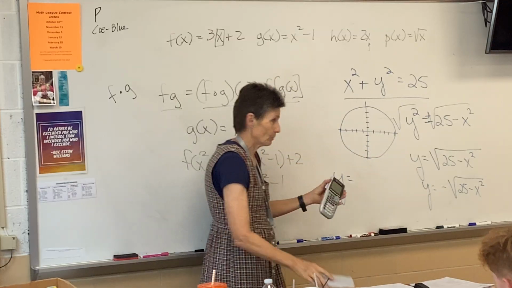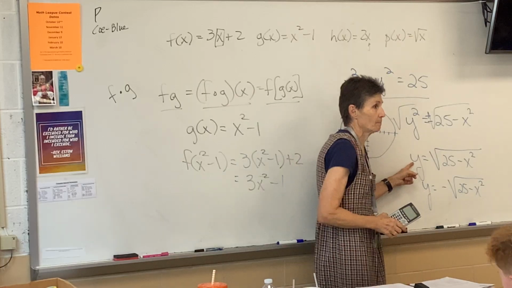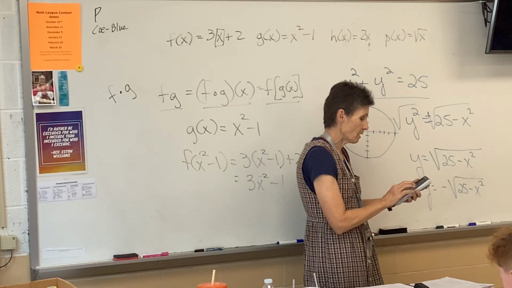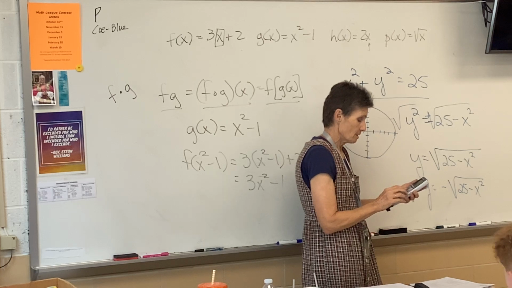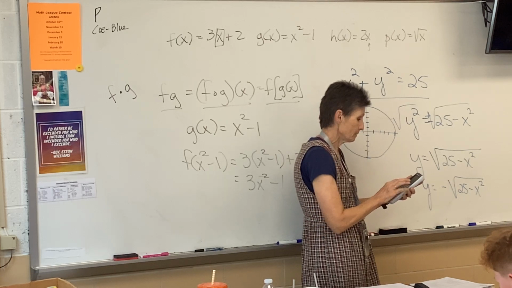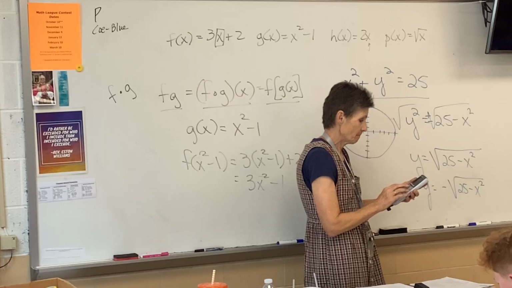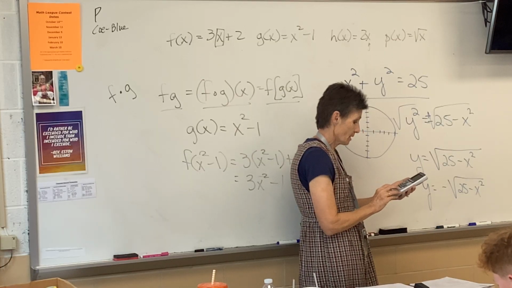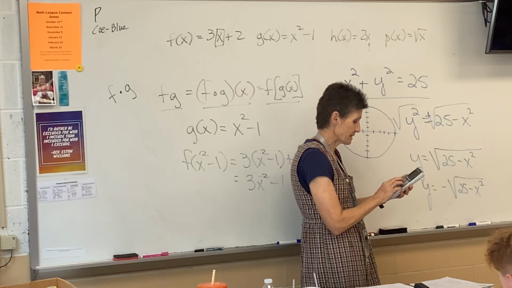Here's what I want you to do. I only want you to graph one at a time, all right? So I want you to graph just that top one. So let's set our window at Zoom 6, standard window, and let's type in the square root of 25 minus x squared.